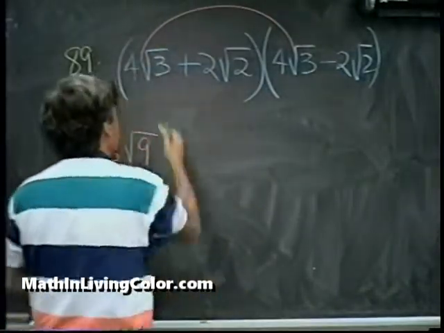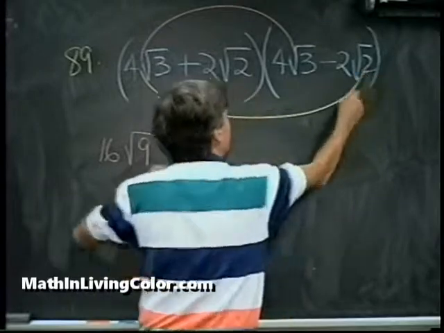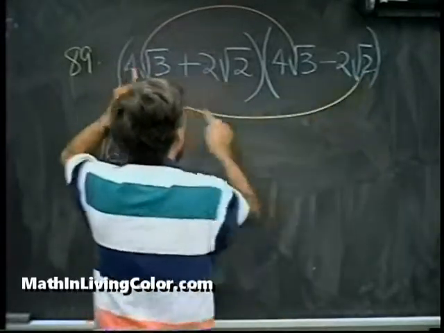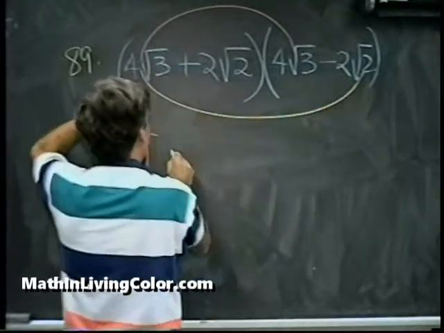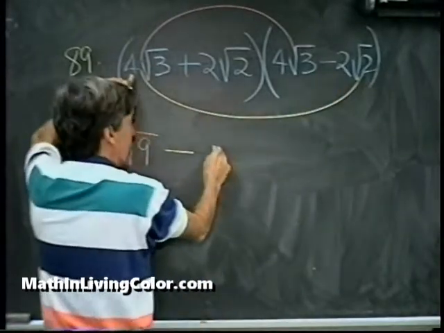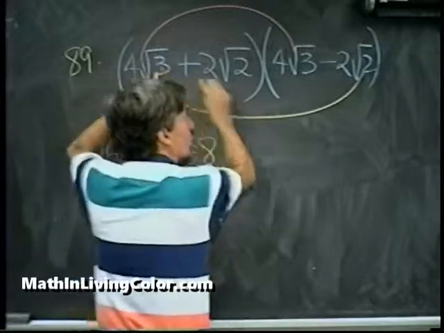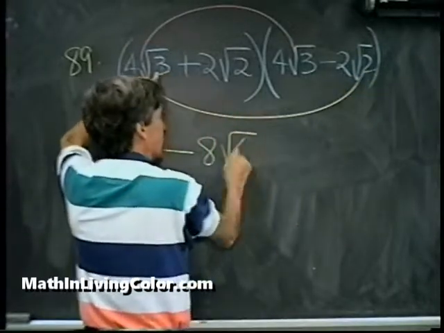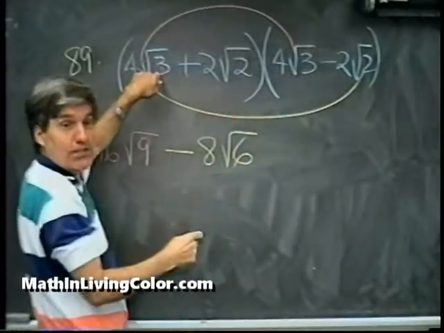Now the outer times outer. A positive times a negative would be a negative. 4 times 2 is 8. Radical numbers together now would be radical 6, right? 3 times 2 is radical 6.